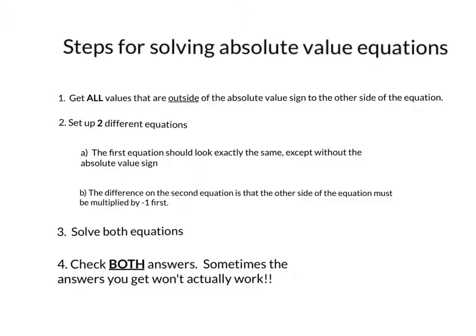But make sure that you check your answers, because occasionally you'll have what is called an extraneous solution, which again means that you've solved it correctly, but those answers simply won't work because of the nature of an absolute value. And when you check those, make sure you go into the original equation.